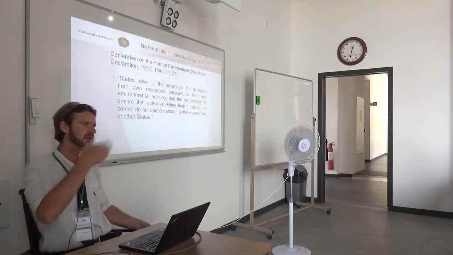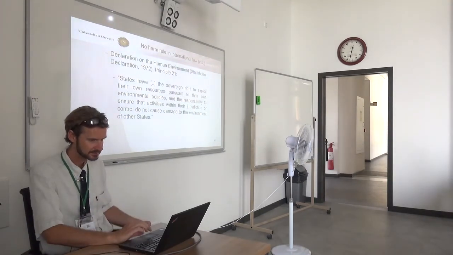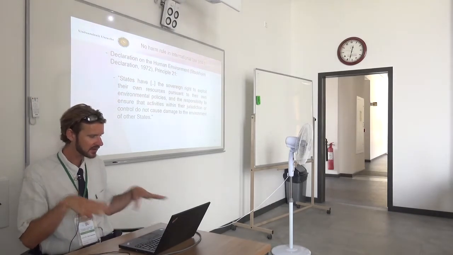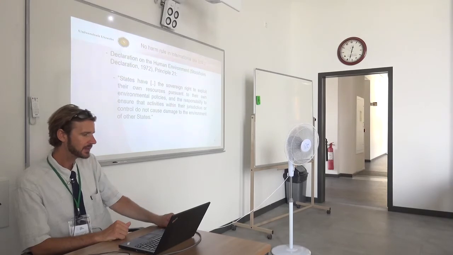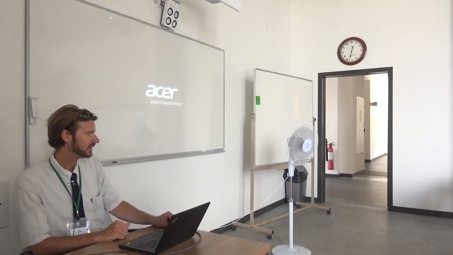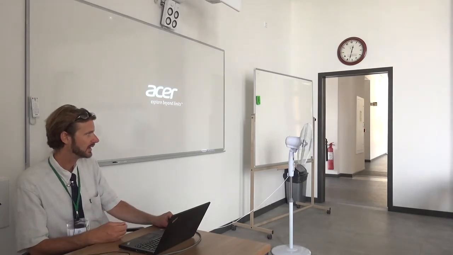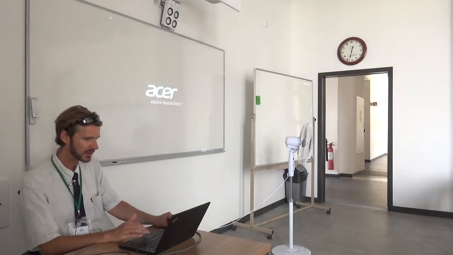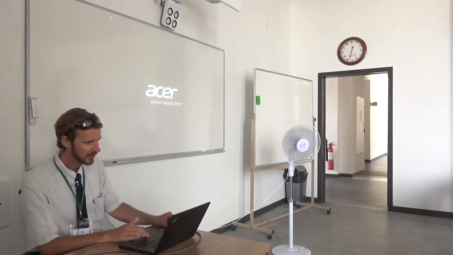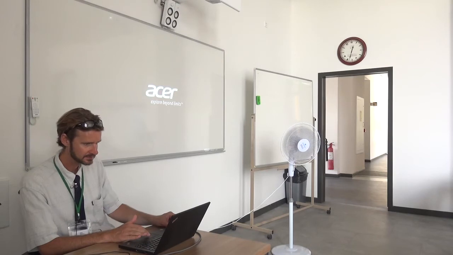So it works in a transboundary sense. If activities on the territory of one state cause damage to the environment of that very same state, then international law is not interested. There must be a transboundary element to it. So that's Principle 21.